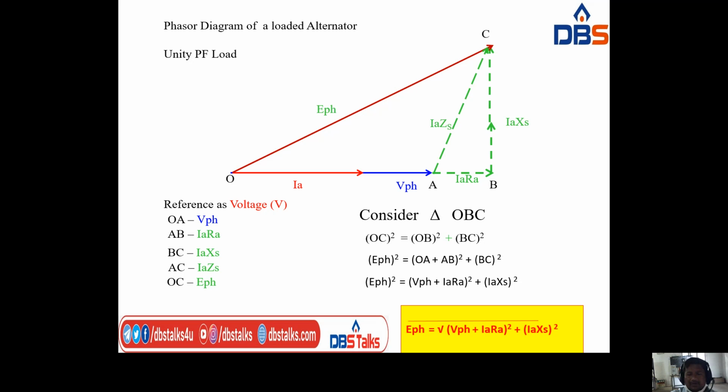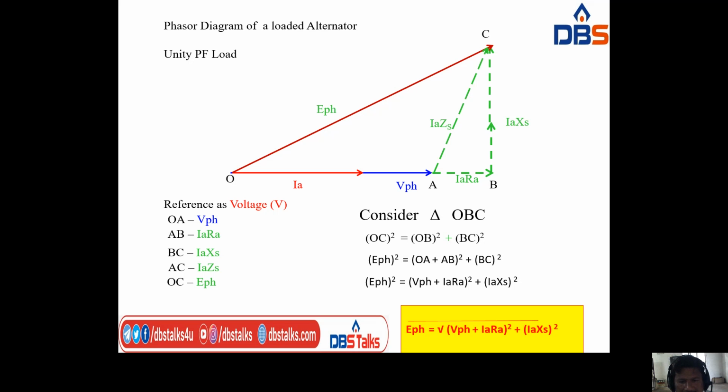Now the phasor diagram of the loaded alternator at unity power factor. Taking IA as a reference, for resistive load at unity power factor, the voltage is in phase with the current. Therefore the IARA drop is in phase with the current, and the IAXS drop is exactly 90 degrees above the IARA drop. Now the combination of IARA plus IAXS is nothing but IAZS, the synchronous voltage drop.